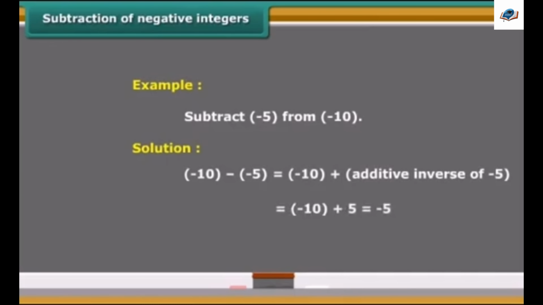This is the same as -10 plus (-5), as the additive inverse of 5 is -5. First, we move 5 steps to the left on the number line, starting from -10. We reach -15.